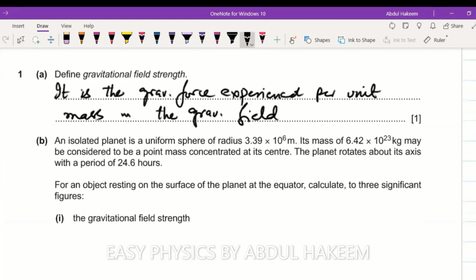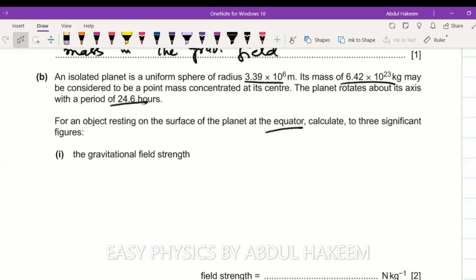Okay, next, an isolated planet of uniform sphere, the radius is given, the mass of the planet is given, and the period is given. The question is, for an object resting on the surface of the planet at the equator, calculate to three significant figures the gravitational field strength. So at the surface, gravitational field strength, small g, the formula is capital G, capital M over radius squared.